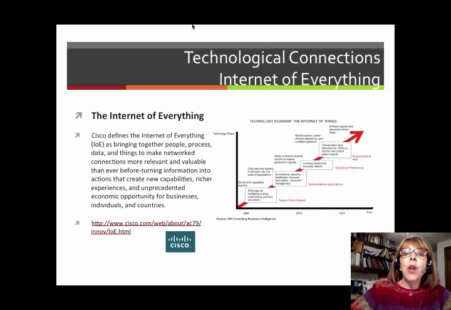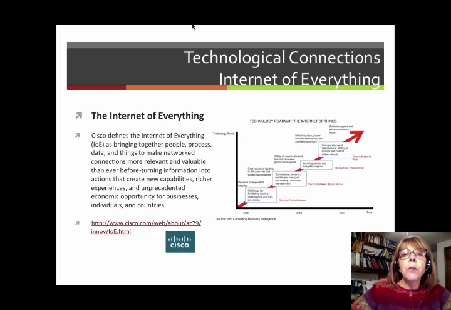One definition from Cisco on the left, and I'll just read it quickly, defines the Internet of Everything as bringing together people, process, data, and things to make network connections more relevant and valuable than ever before, turning information into actions that create new capabilities, richer experiences, and unprecedented economic opportunity for businesses, individuals, and countries.